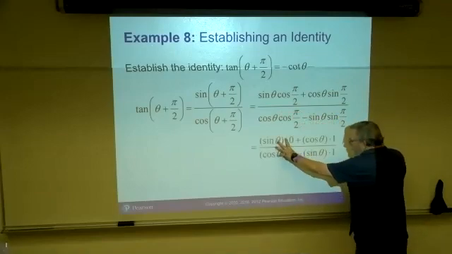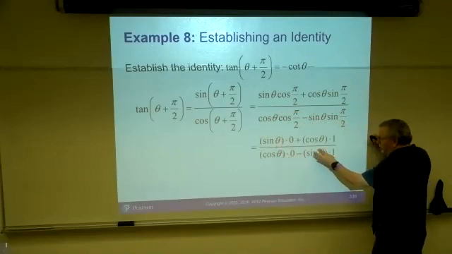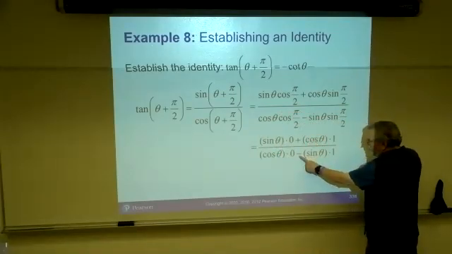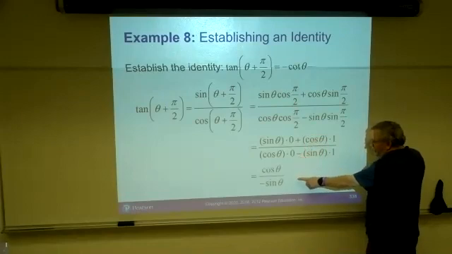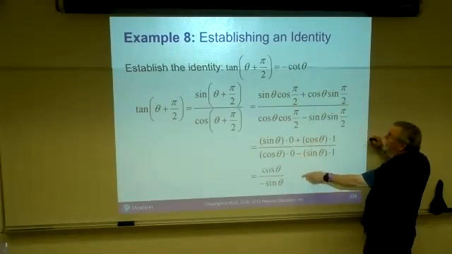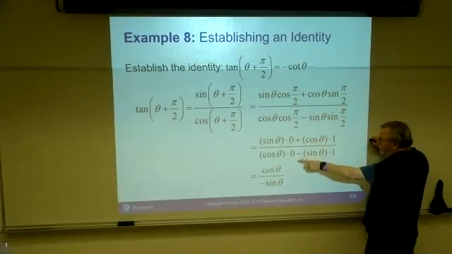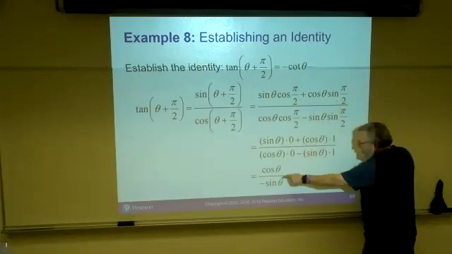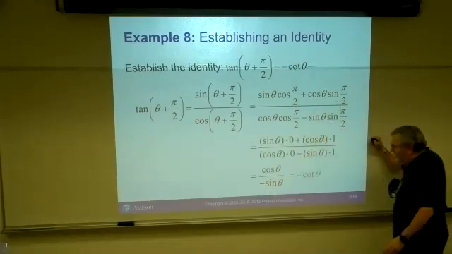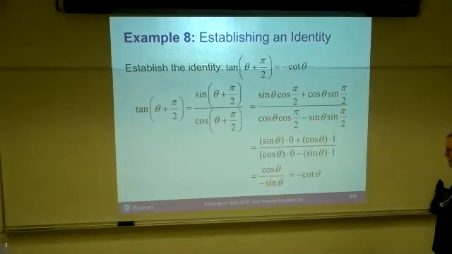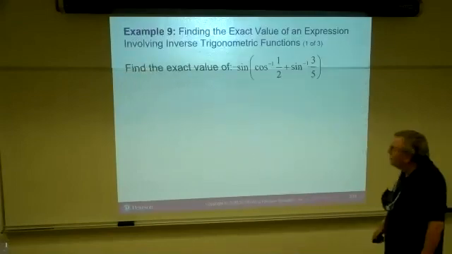And yeah, so these two went away. So all we're left with is these two with the minus sign in the denominator. Cosine over sine is cotangent, and it's going to be negative because of that negative down there. Okay.